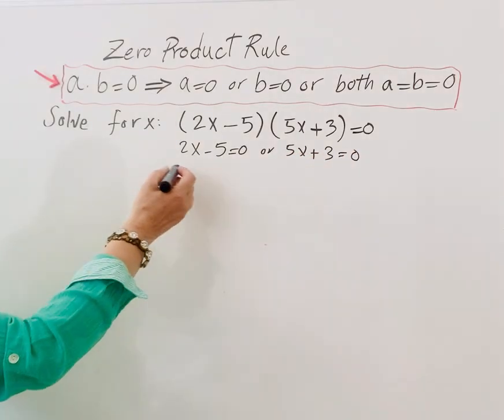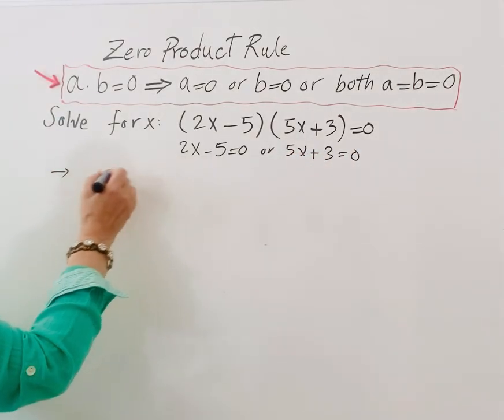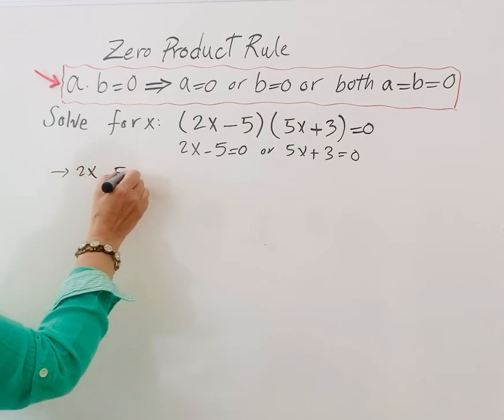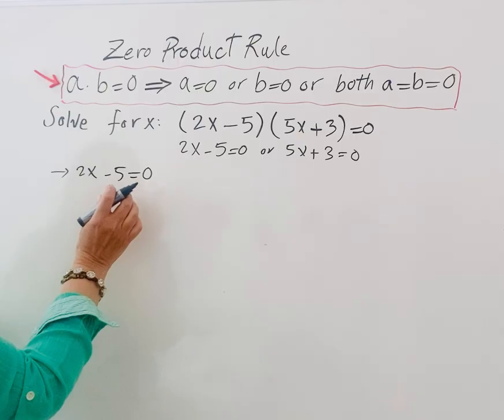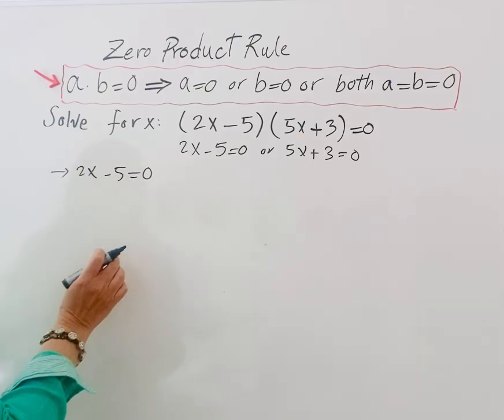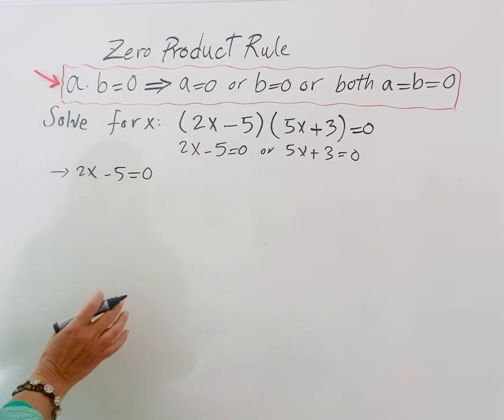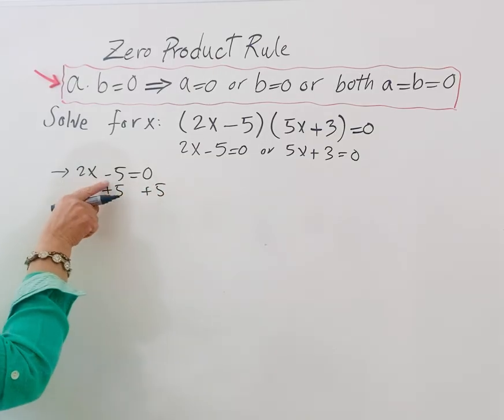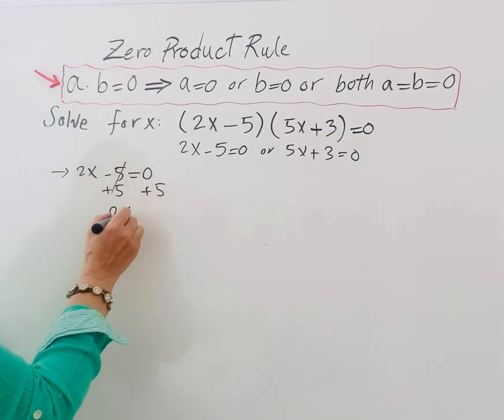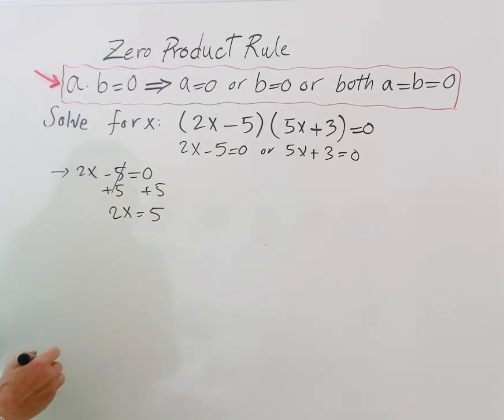We solve this. First, if 2x minus 5 gets zero, we can solve this equality. We keep this equality for having balance here and just add the opposite of this constant. We did it before, right?